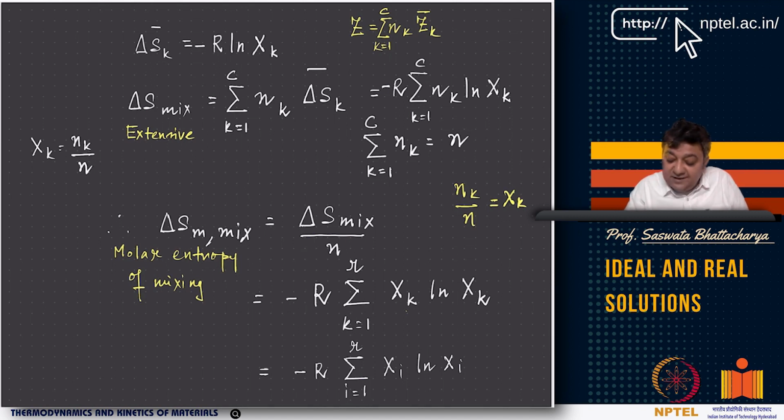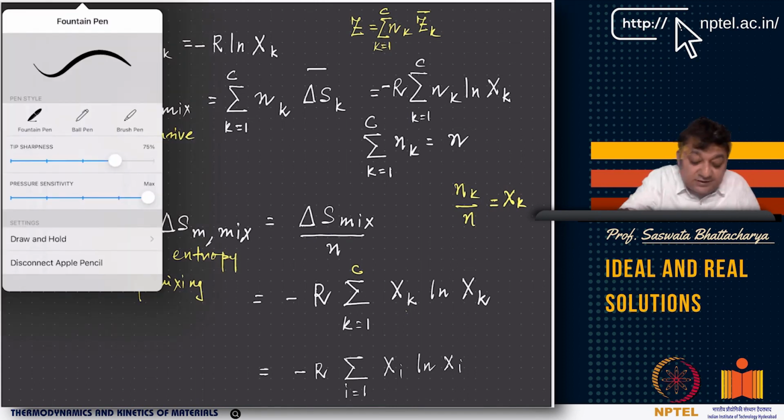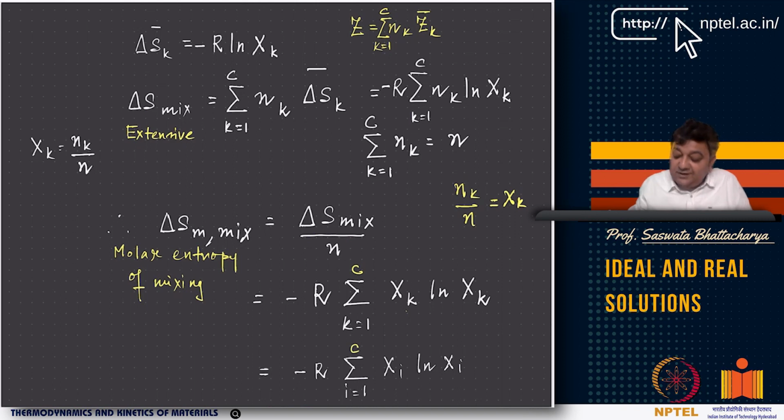So instead of K equal to 1 to R, or K equal to 1 to C, let us call it C, so that you don't get confused. C is the number of components. So basically you get minus R summation i equal to 1 to C Xi ln Xi.